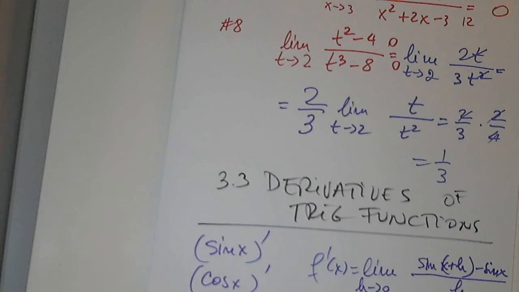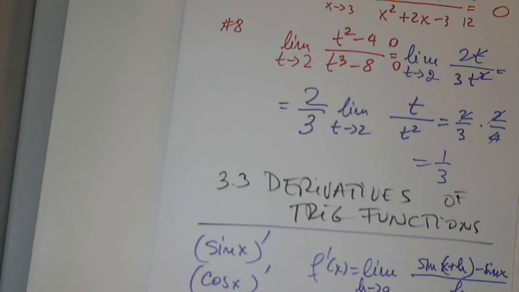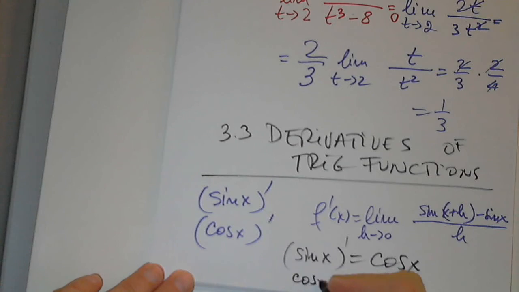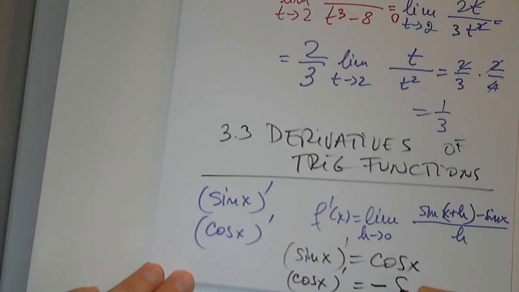It's up to you. You want to save the time? Okay, in that case, you just have to trust me that sine prime is cosine, and cosine prime is negative sine.